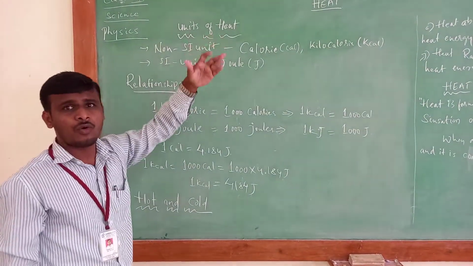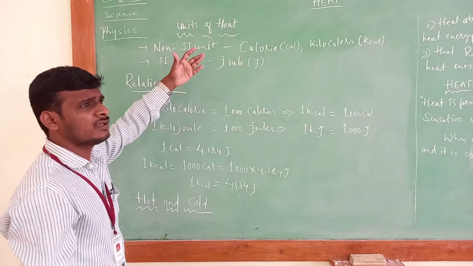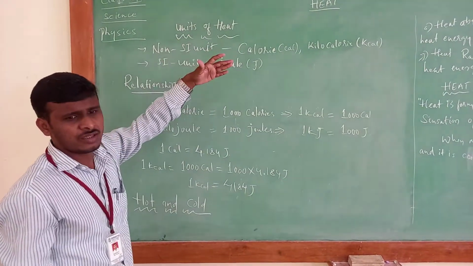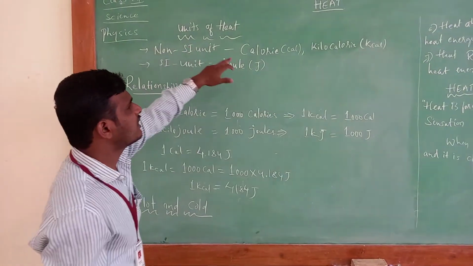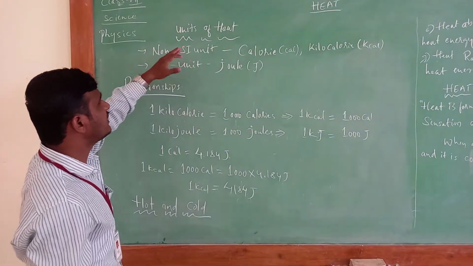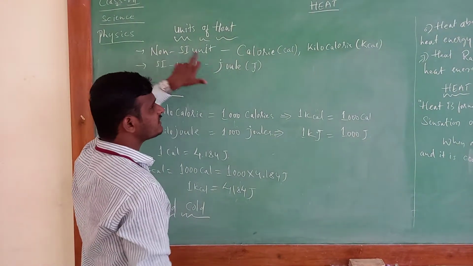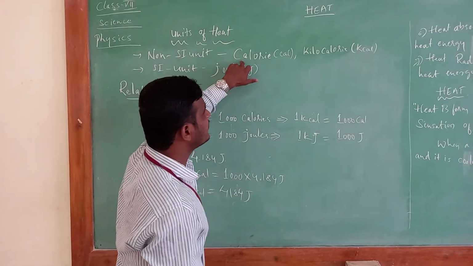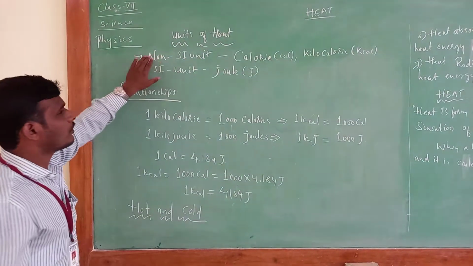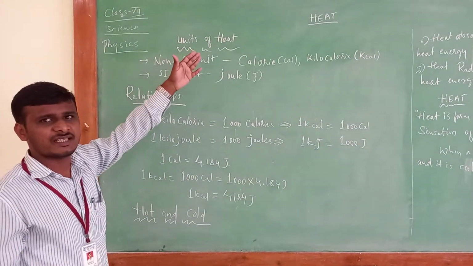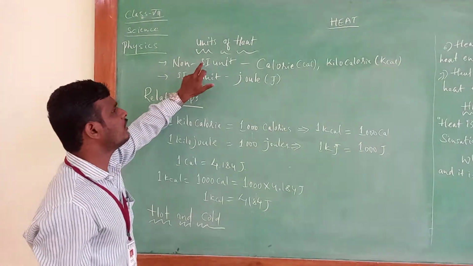This was the old one, which our ancestors used. In the non-SI system, we measure heat in calories or kilocalories. This is in terms of non-SI units.